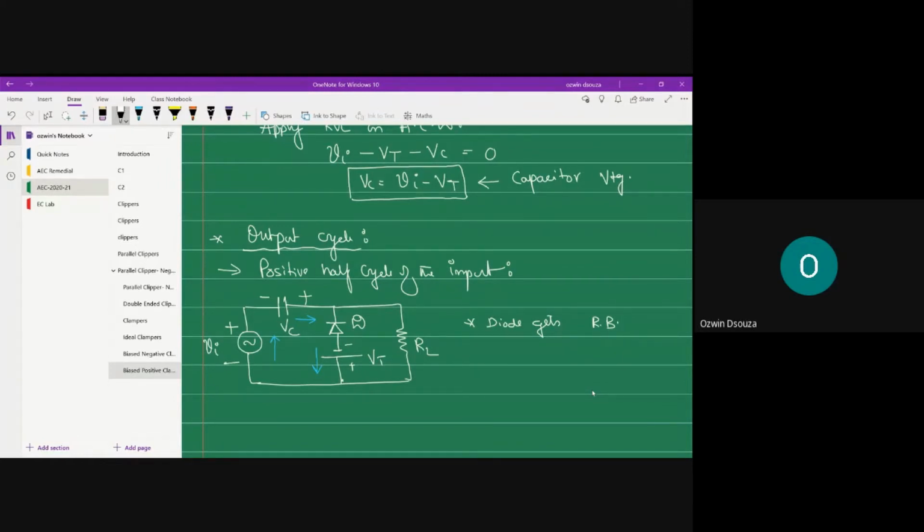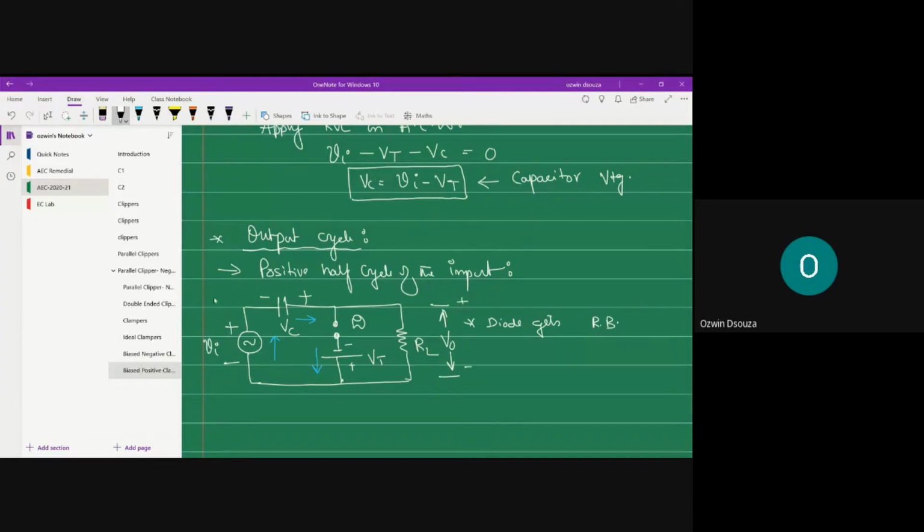You can always open the diode terminals, because whenever you find the output of the clamper, the diode will be in reverse biasing mode, whatever may be the circumstance. So the diode gets reverse biased. Let's open up the diode terminals, and let us also mark the output polarity.